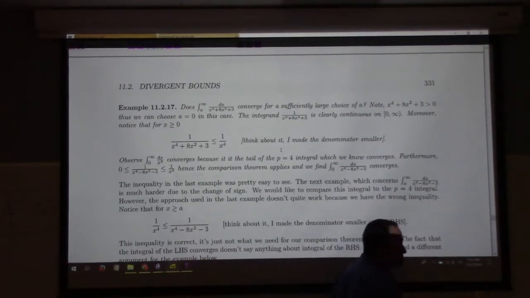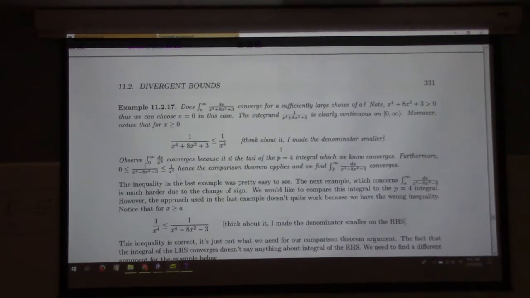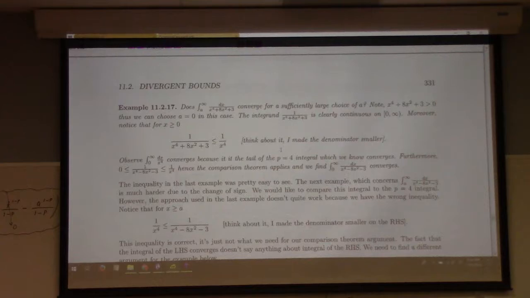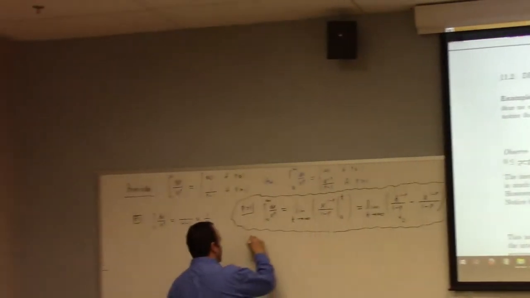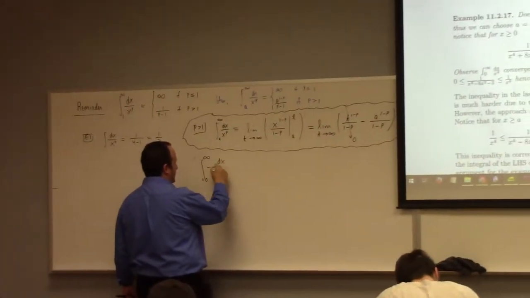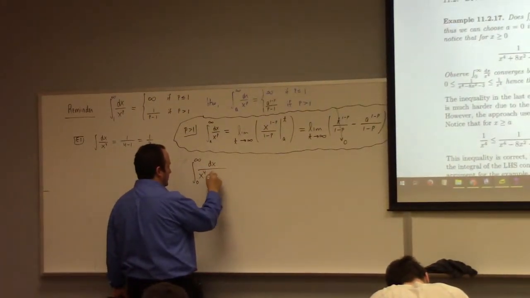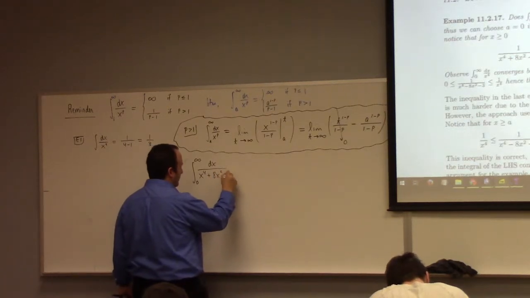Let's fix it. It's not hard to fix it. So we're trying to analyze the integral from 0 to infinity of dx over x to the 4th plus 8x squared plus 3, right?